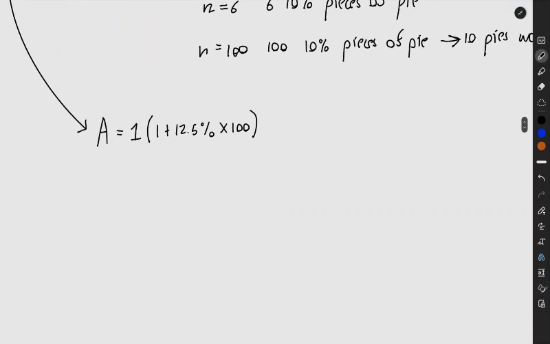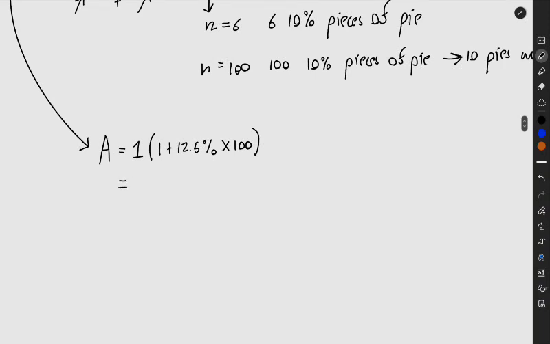So, doing the maths, we're going to find that we get a value of 1, close bracket, 1 plus, now 12.5% is the same as 12.5 over 100.